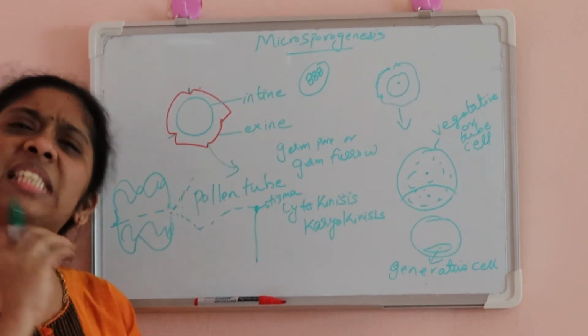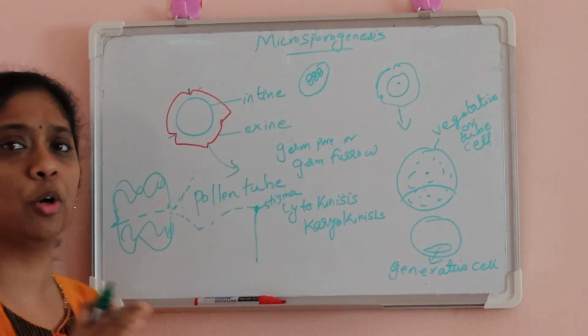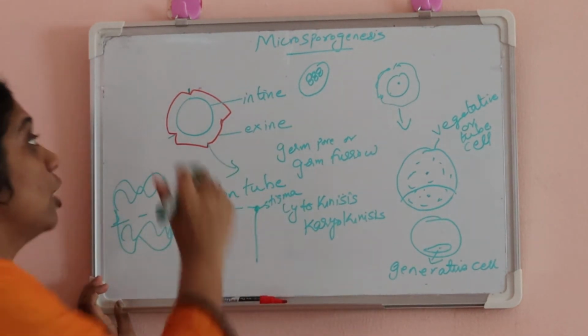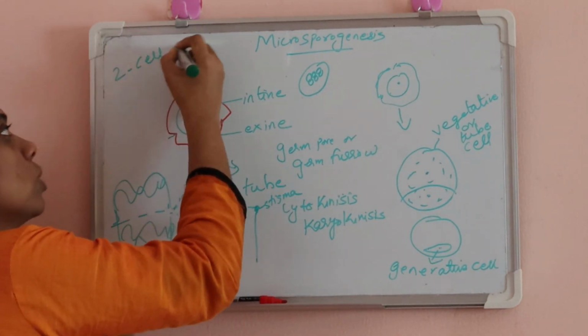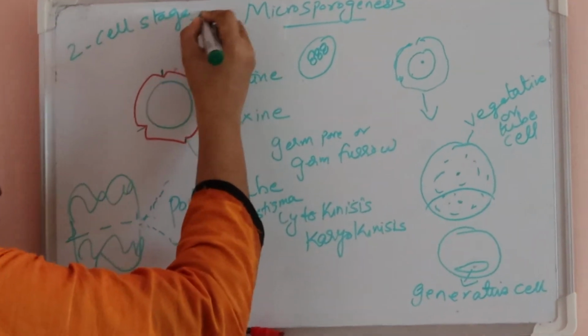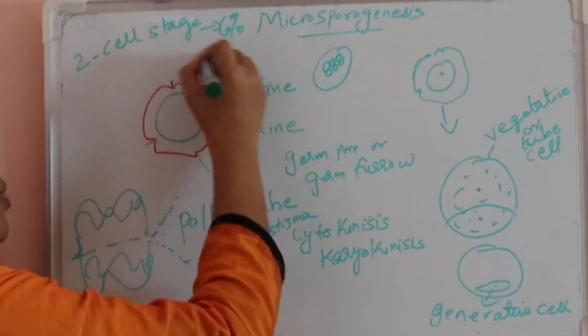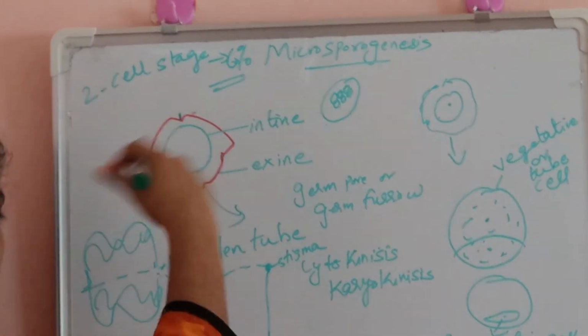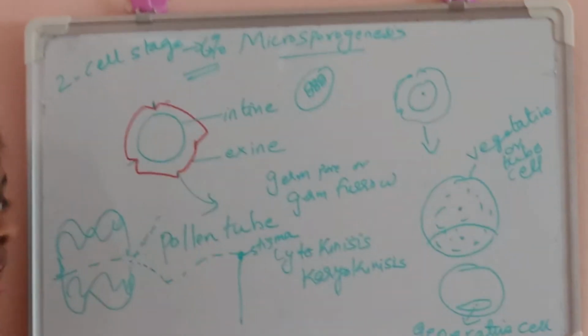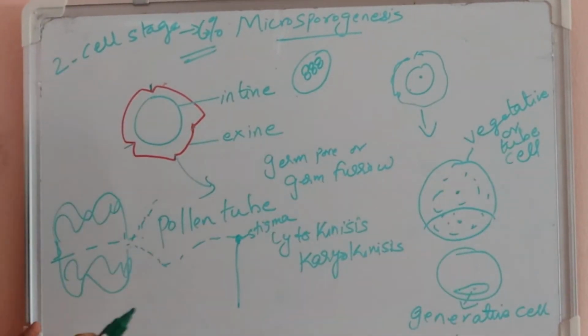In almost 60% of the angiosperms, the pollen is shed at the two-celled stage, that is one vegetative cell and one generative cell.